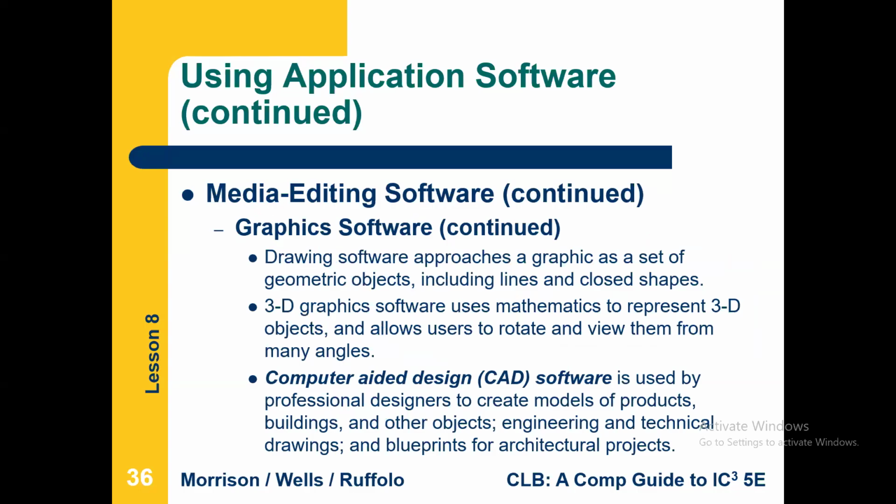So there's 3D graphics. This 3D graphics uses mathematics to represent a 3D object. This 3D object allows you to rotate and view it from many angles. And because of these 3D things, most e-commerce sites are now using it. For example, you go to some e-commerce site, you are buying a dress, you can wear the dress and then see how it will look on you.